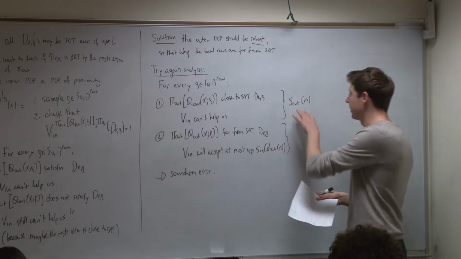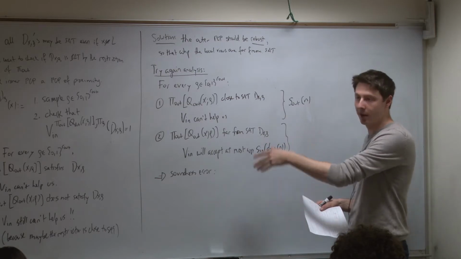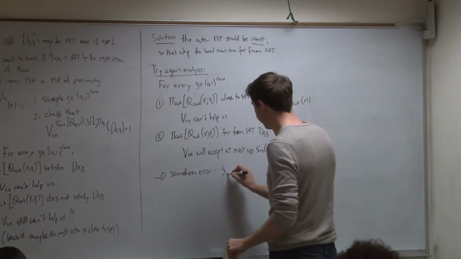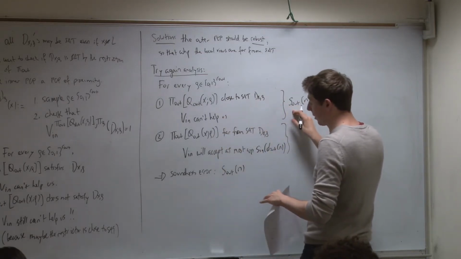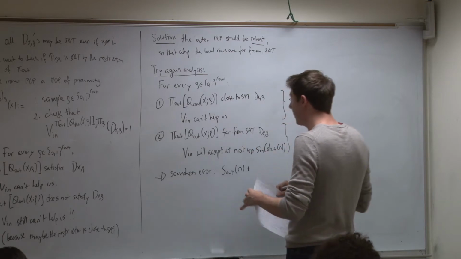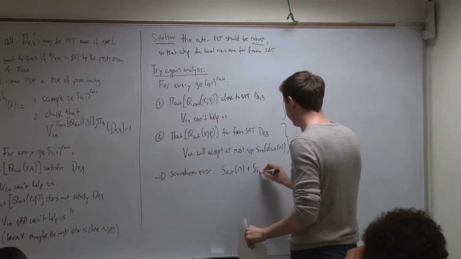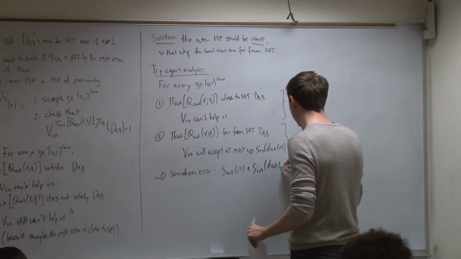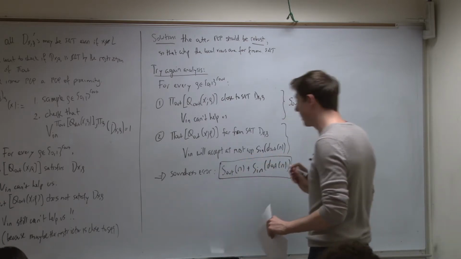Maybe I can say at most S out plus 1 minus S out times S in, but whatever, I can just take the sum. So S out, either I'm in the first case, but it happens with a small probability, or I'm in the second case, and given that I'm in the second case, the additional randomness of V in will accept at most S in of n, okay? So this is the soundness error.